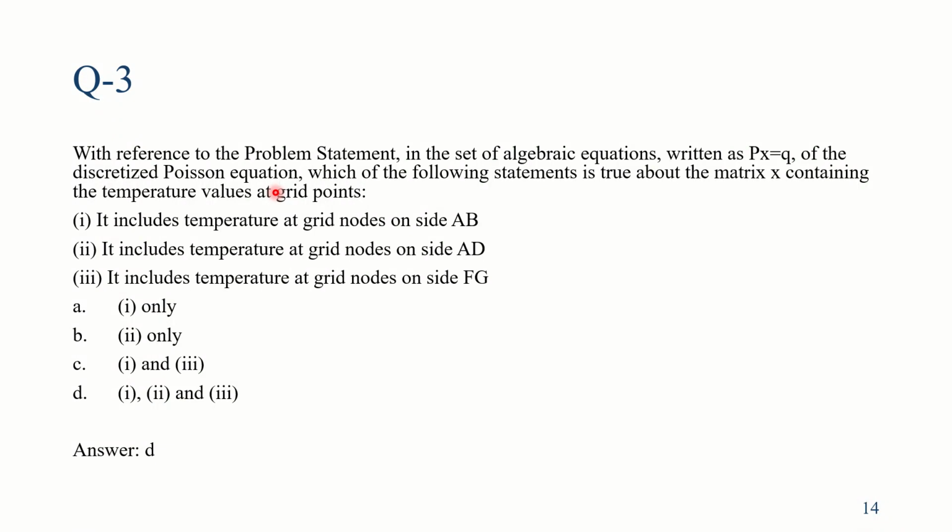If it is at all grid points, it should include the temperature at grid nodes on side AB, side AD, and side FG as well. So it is literally including all the sides. So option D is the right answer.